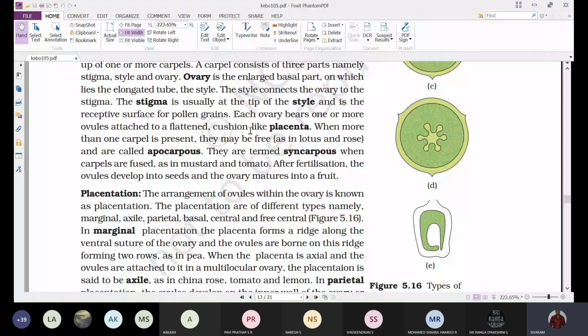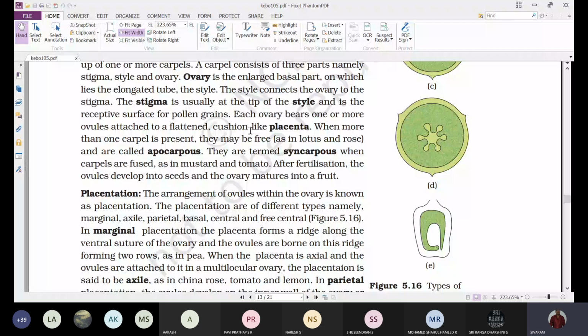In case of paddy and wheat, we find only one ovule inside the ovary. That's why we find only one grain developing from only one flower.